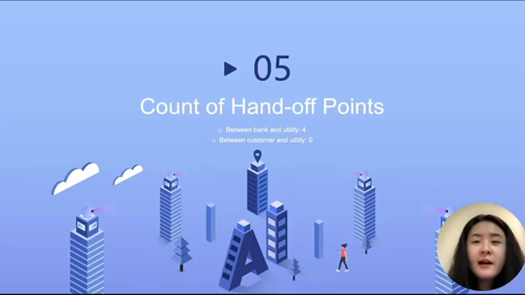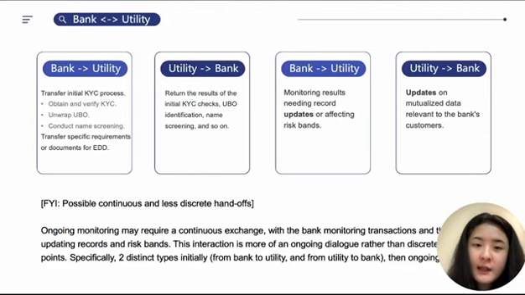Next, let's compare how many handoff points between bank and utility and between customer and utility. First is the 4 handoff points between bank and utility. The bank first needs to transfer the initial KYC process to the utility, including obtaining and verifying KYC, unwrapping UBO, and conducting the name screening part. Besides, the bank also needs to transfer some specific requirements or documents to our utility for EDD.